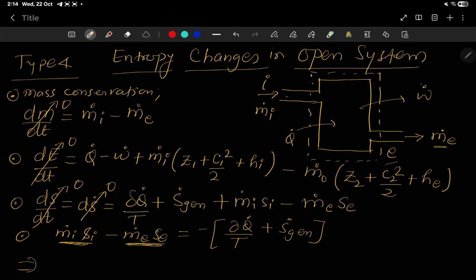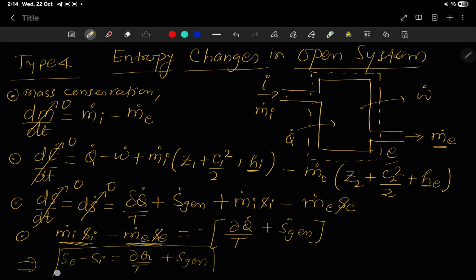This is specific entropy, this is specific enthalpy, small h is specific enthalpy. So this will be se minus si equals to del q upon T plus S generation, right?